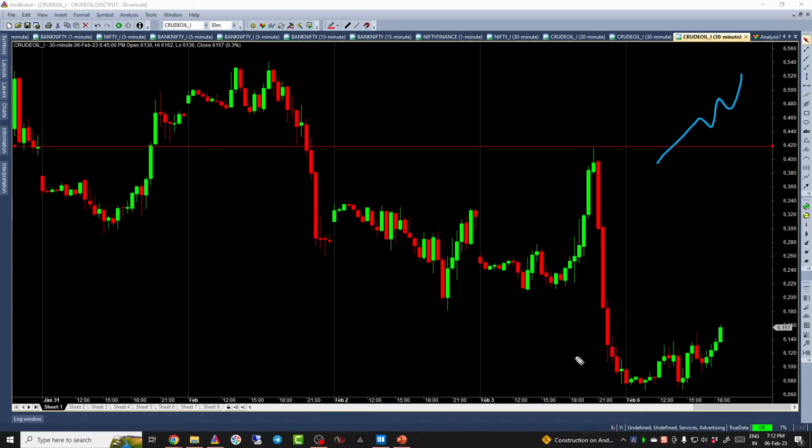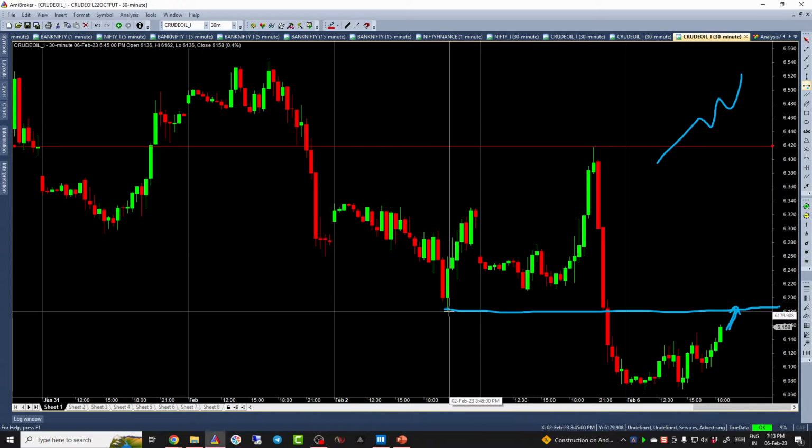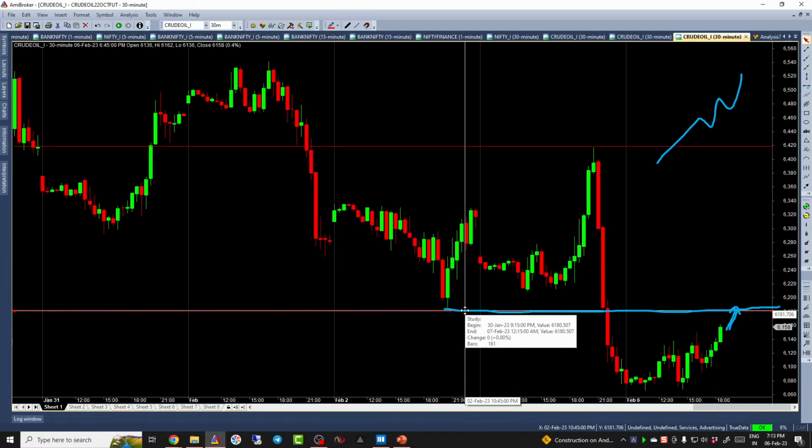Until then we can look for long opportunities up to this particular level, so we have an immediate scalp till this point. Or, if you are a conservative trader, you look for bigger opportunities when the market approaches this level, because we have a support level here. This is where we saw the pullback, and the same support can also act as resistance. That's the basic polarity theory of price action.